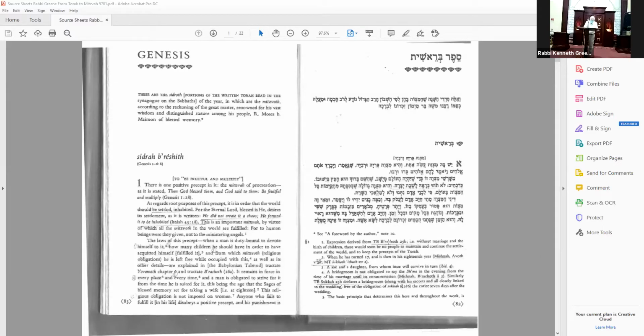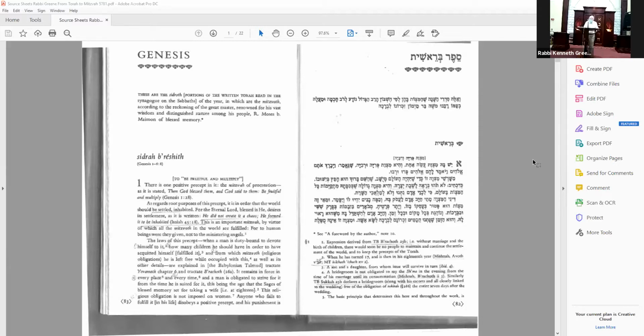We have a Hebrew and English version, more on the English text for our purposes. And from there you see I made notes, and at times we'll share them with everybody.